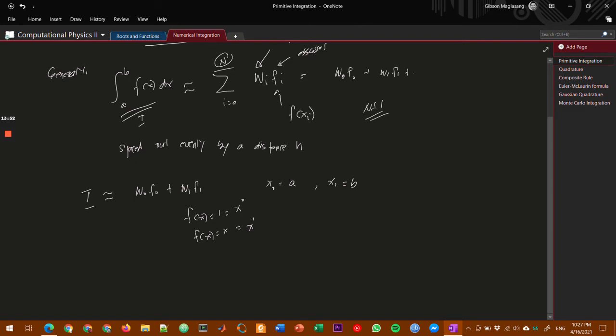So this method of doing integration makes an approximation of your function by using a polynomial. Let's say simple polynomials: we have 1 and then x to the 1. Notice that these are your first two terms.